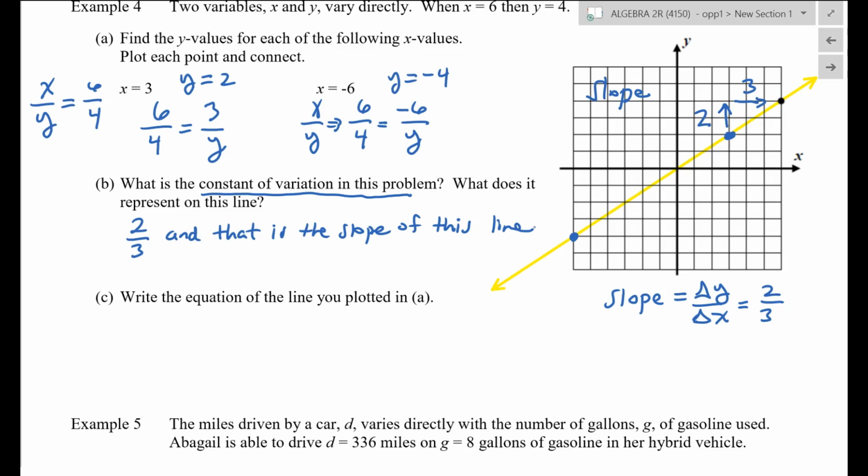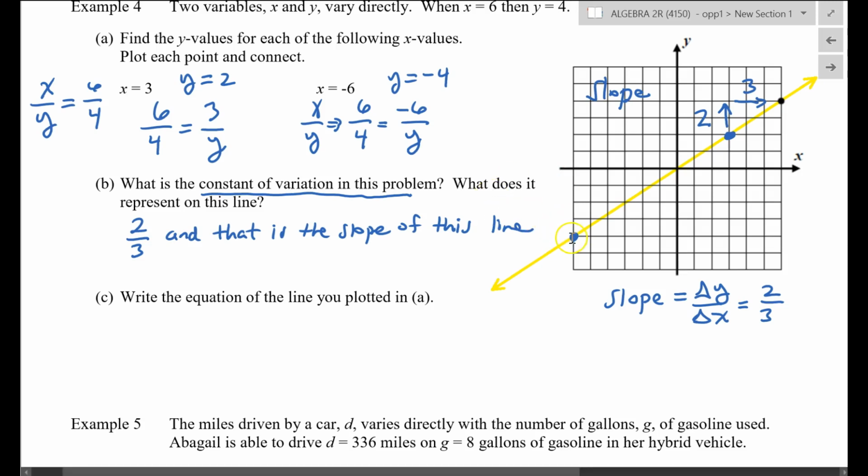Change. So I want to go from this point and change to another point. Well, the constant of variation tells me that when I change, I always have to change by the same amount. This 2/3 tells me for every 2 y's, change by 3 x's, right? So these phrases sort of mean something when you really break them down. The constant of variation is the changing by the same amount every time.